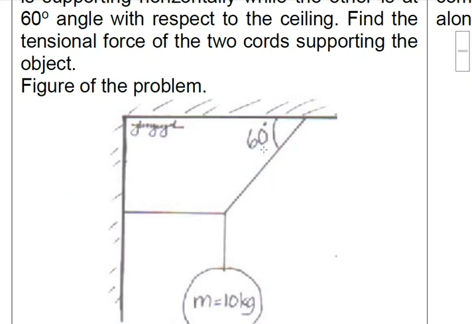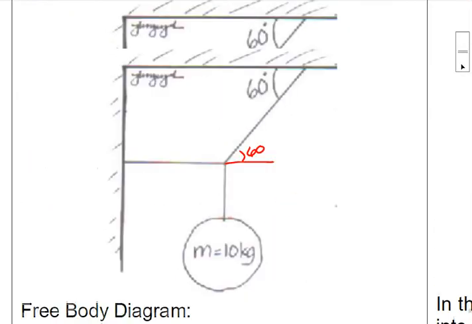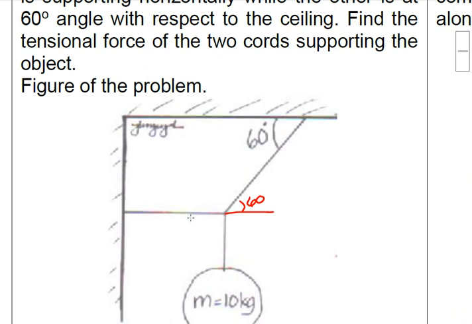You have here this angle of 60, so automatically we may say, using the concept of alternate interior angles, that this is automatically 60 here. In this figure we have this as tension 1.